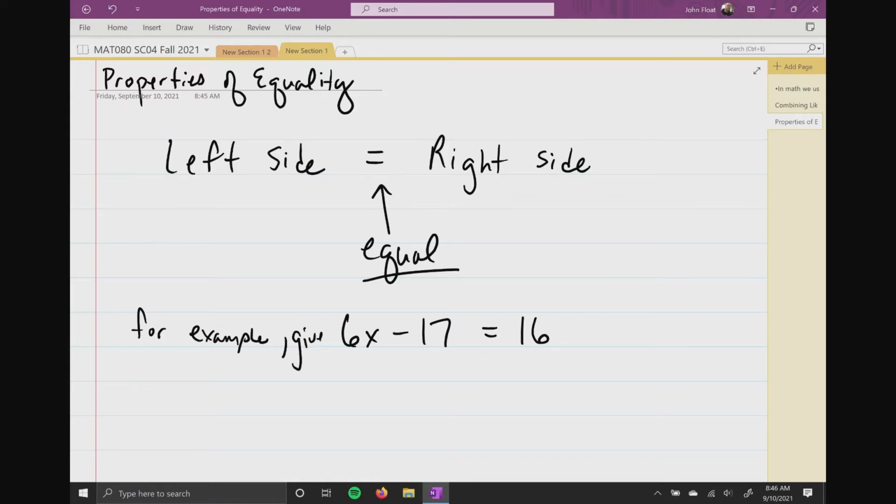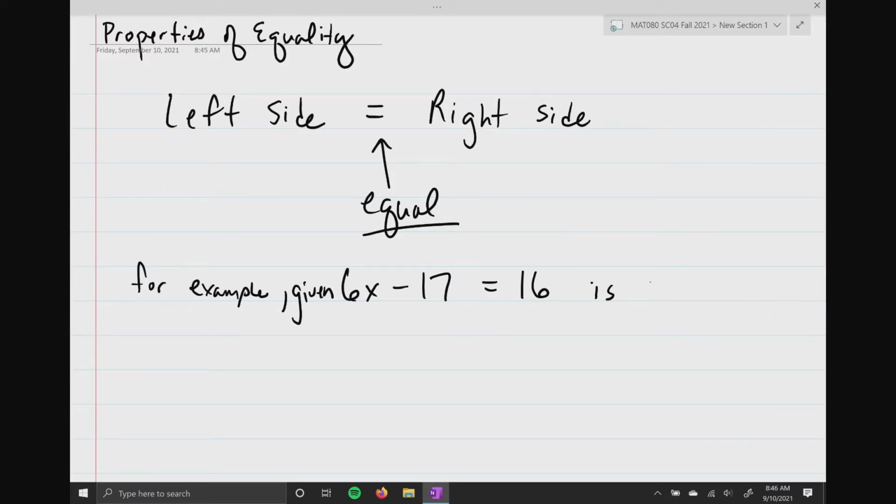If I put the word given in front, so given 6 times x minus 17 equals 16, is x equals 5 a solution? So what I'm really asking here for is this.